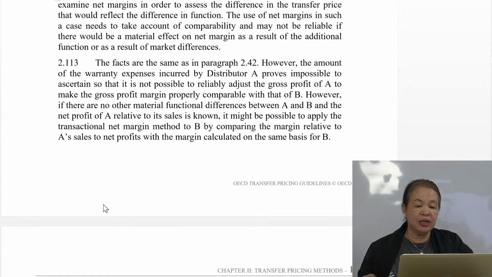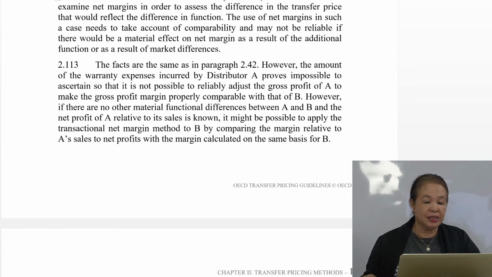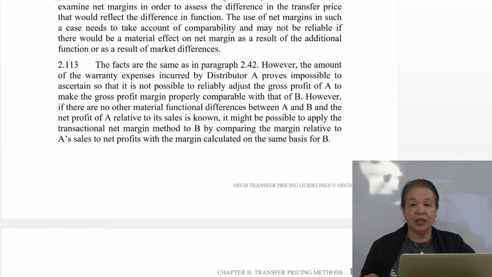However, the amount of the warranty expenses incurred by distributor A proves impossible to ascertain, so that it is not possible to reliably adjust the gross profit of A to make the gross profit margin properly comparable with that of B. However, if there are no other material functional differences between A and B, and the net profit of A relative to its sales is known, it might be possible to apply the transactional net margin method to B by comparing the margin relative to A's sales to net profits with the margin calculated on the same basis for B.